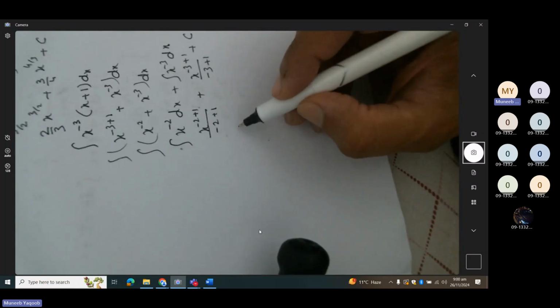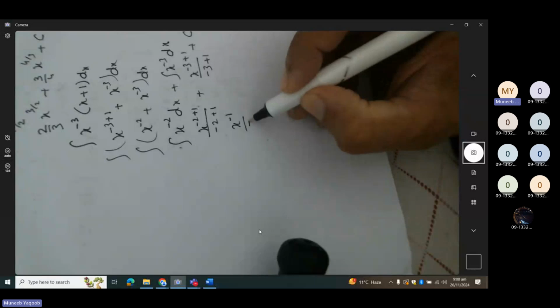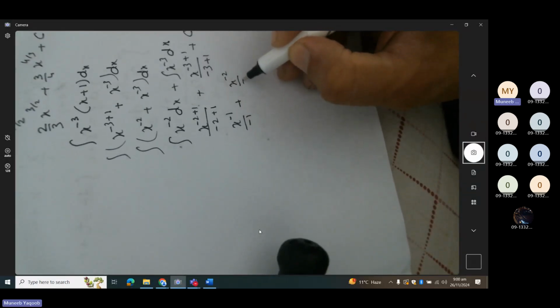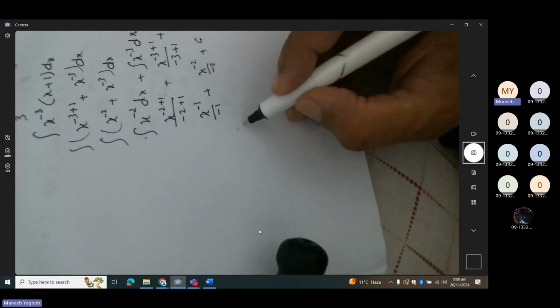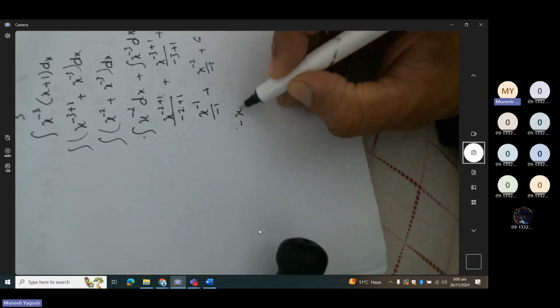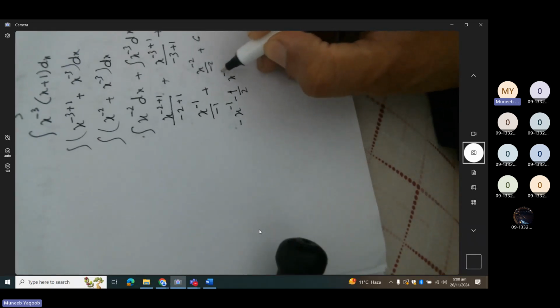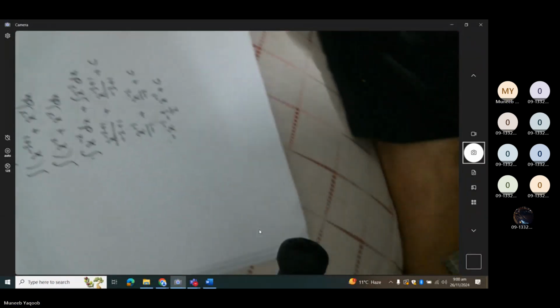So hence it would be x power minus 1 upon minus 1 plus x power minus 2 upon minus 2 plus C. And finally, we can write it as minus x power minus 1 minus 1 upon 2 times x power minus 2 plus constant of integration.